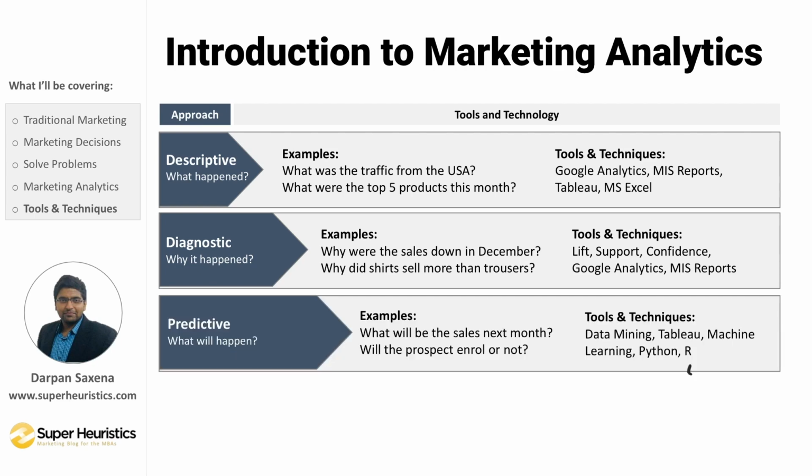Same way, if you have to understand what will happen now, suppose I have to create a budget for my future, and I have to know how much sales I am expecting in the next quarter or in the next month, then I will have to use some sort of analytics through some algorithm, which can help me understand how much sales I can expect.